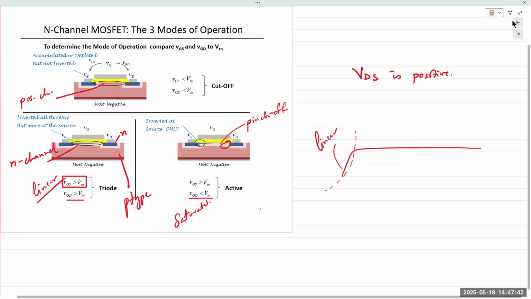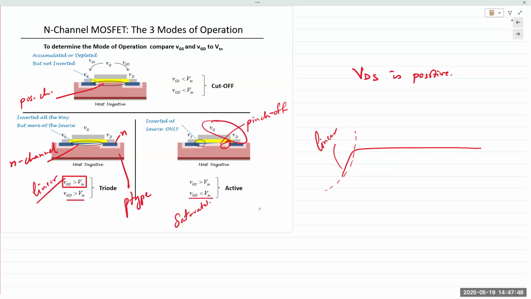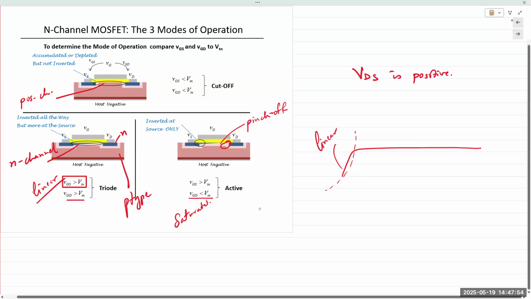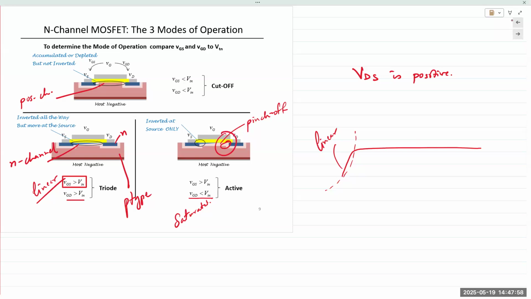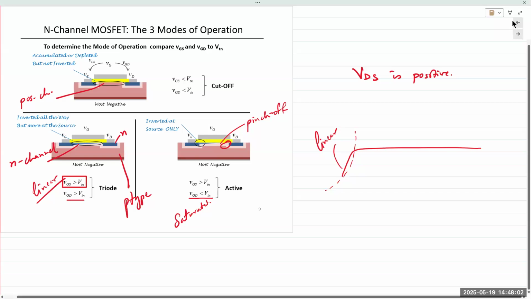Meaning when VDS increases beyond that level, VGD drops below the threshold voltage, then the channel begins to pinch off right here in this area. When the channel pinches off, we would actually expect the current to go to 0. But that is not the behavior that is observed.